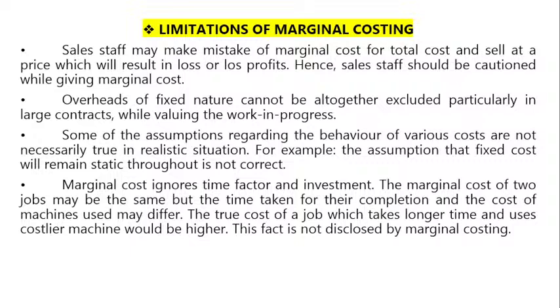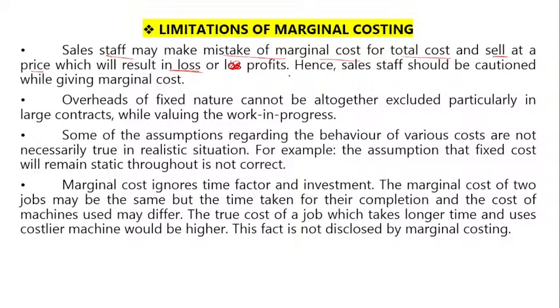Okay, now what are the limitations? There are so many limitations, and here we are covering as many as possible. Here are the limitations of marginal costing. The sales staff may mistake marginal cost for the total cost and sell at a price which will result in a profit or loss.